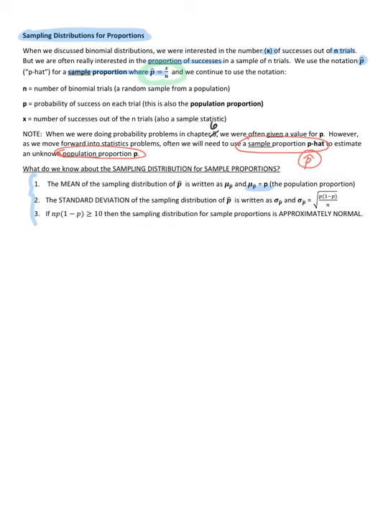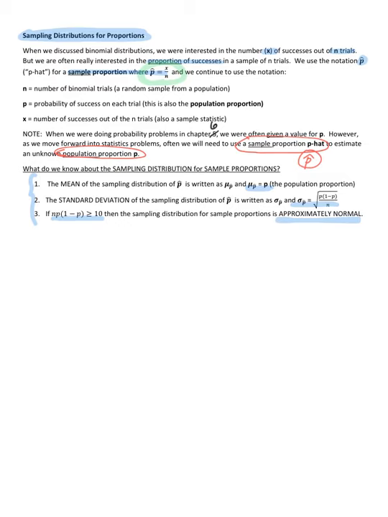The standard deviation of the sampling distribution of p hat is sigma sub p hat, which is the square root of p times 1 minus p over n. And finally, requirement 3: if n times p times 1 minus p is greater than or equal to 10, then the sampling distribution for sample proportions is approximately normal.